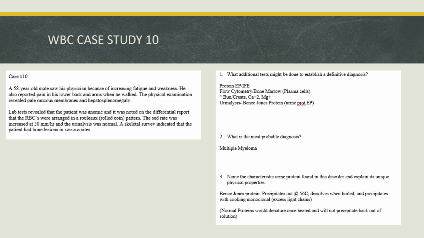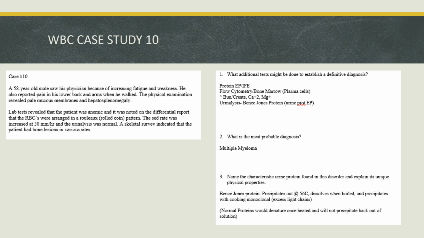If you remember, multiple myeloma is a plasma cell proliferation, and those plasma cells essentially just produce a bunch of dysfunctional immunoglobulins. And those immunoglobulins, those free light chains, are sticky, and they cause those red cells to get stuck together and form those rouleau patterns.